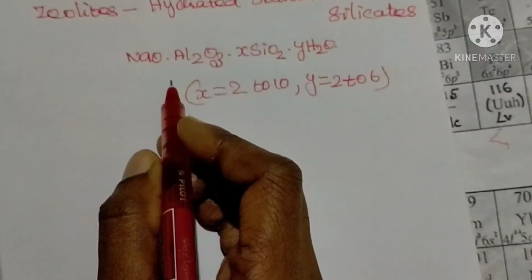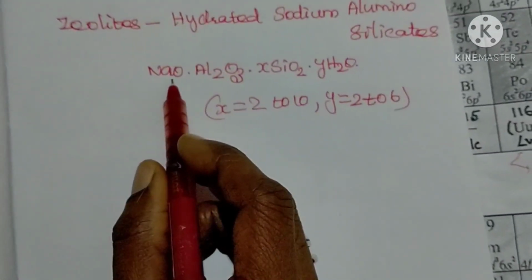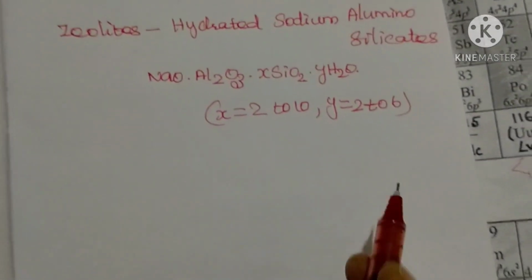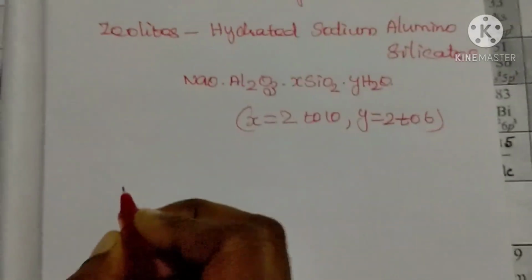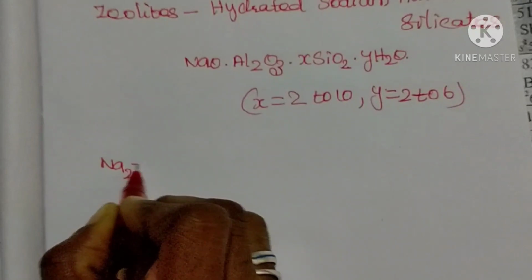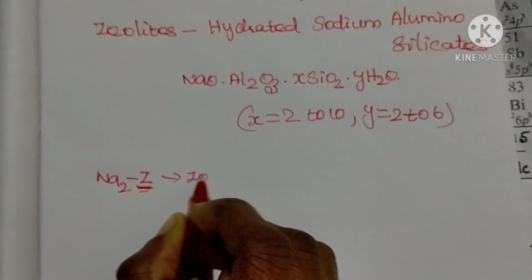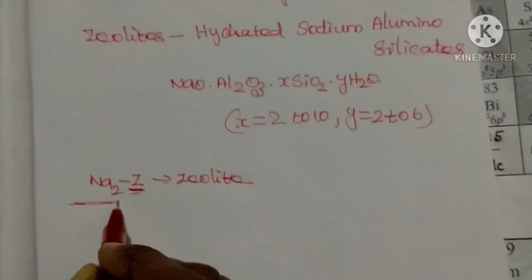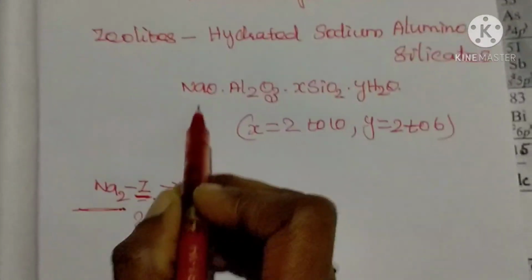They contain a porous structure, and the sodium ions are loosely held with the compound. So we use this sodium to remove the metal cation from the permanent hard water. The example of this reaction is Na2Z. Z means zeolite.